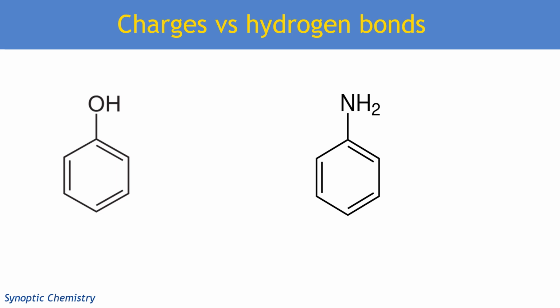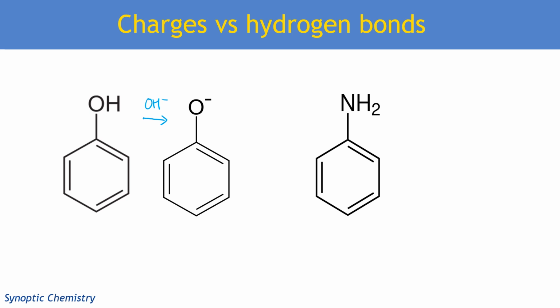But what both of these compounds can do is react with bases or acids to form a charged species. So phenol is acidic, and if I add in some hydroxide ions, some sodium hydroxide or potassium hydroxide, it will form the phenoxide ion with a negative charge. Carboxylic acids will also do this.